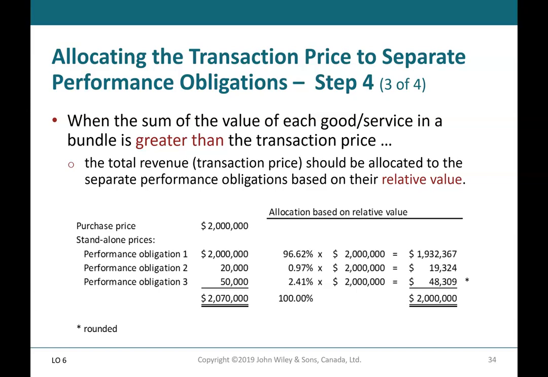So you have a purchase price of $2 million, standalone prices for your first performance obligation, $2 million, your second performance obligation, $20,000, and your third performance obligation, $50,000, for a total fair value of $2,070,000, and you just prorate that by their percentages. The allocation based on relative value for obligation 1 would be 1,932,367. For obligation 2, it would be 19,324, and for obligation 3, it would be 48,309 for the $2 million.